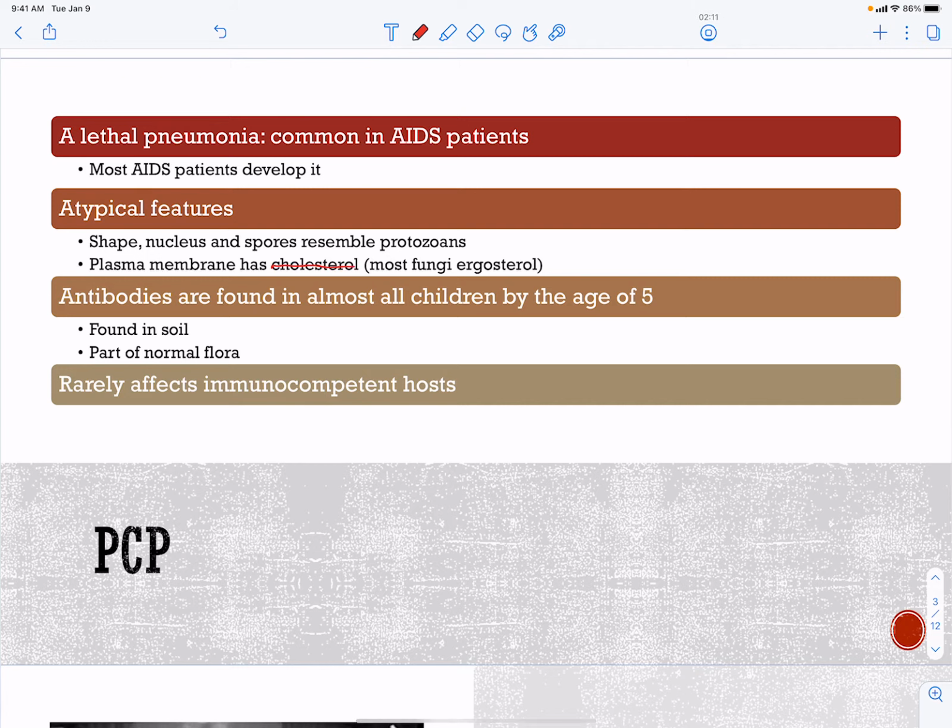It has cholesterol in its plasma membrane, not ergosterol. So any of those antifungal agents that target ergosterol production are not going to work for Pneumocystis jirovecii. This is found in the soil and is also part of the normal flora. It does not affect immune competent individuals because our immune system is able to clear this yeast very quickly.